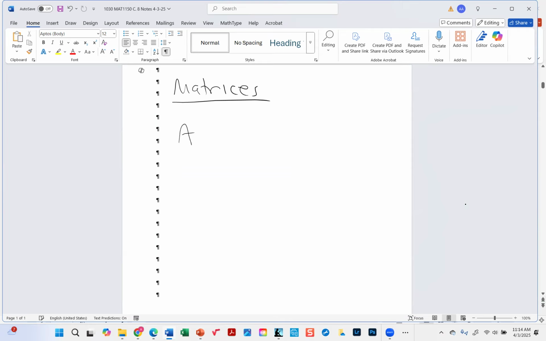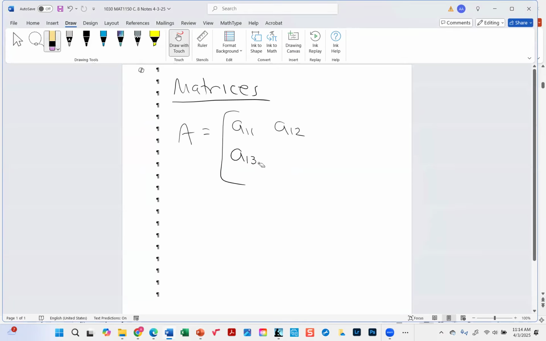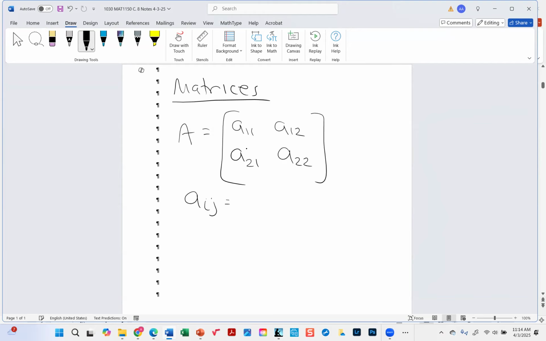So let's say we have matrix A. It's not 1, 3, 2, 1. All right. So in other words, with these elements, we don't know what the actual numerical values are, but what they tell us is the row and the column in which this element is found.